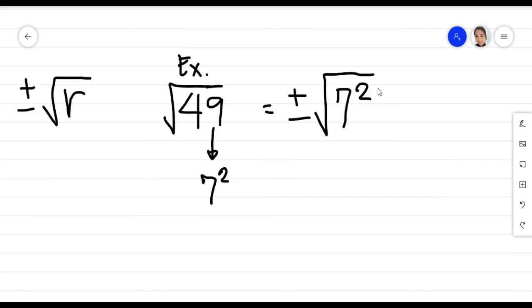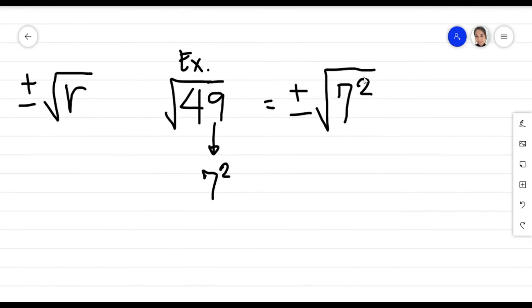Now imagine that there is an invisible 2 on this corner. Okay, that's why we read this symbol as square root of 2, since there is an invisible 2 on this corner. We call it the index 2.